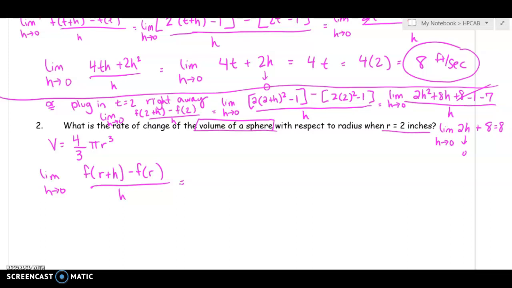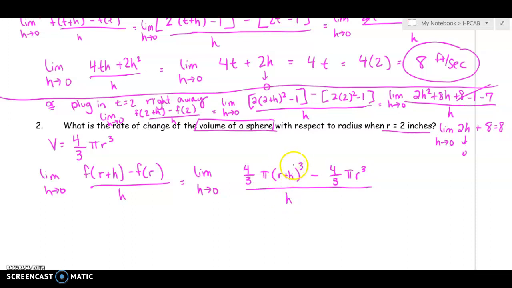Either way is fine. So we're going to end up with the limit as h approaches 0 of, if you plug in r plus h into this equation, you're going to get 4/3 pi, and instead of r cubed, it'll be r plus h cubed, minus f of r, which is just 4/3 pi r cubed. And again, it's all over h.